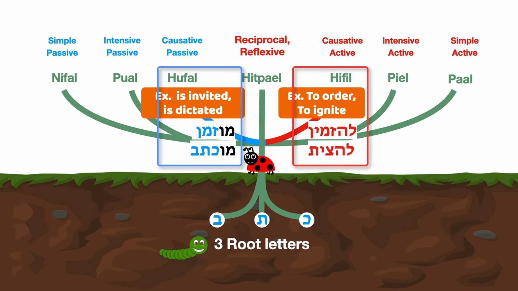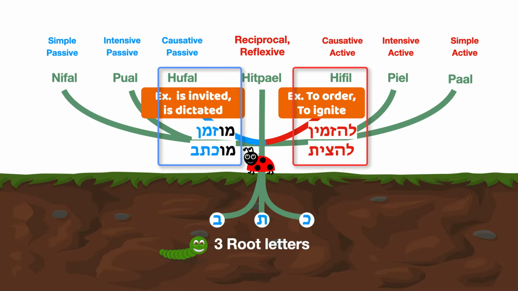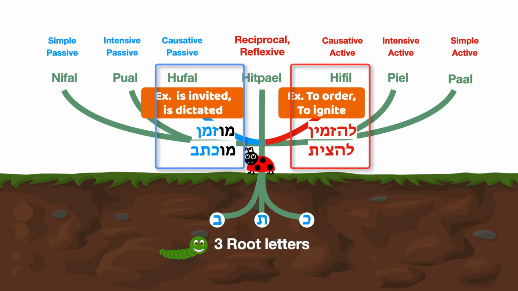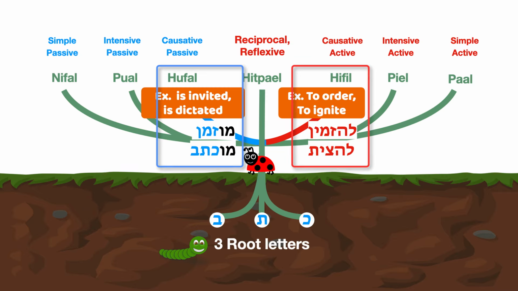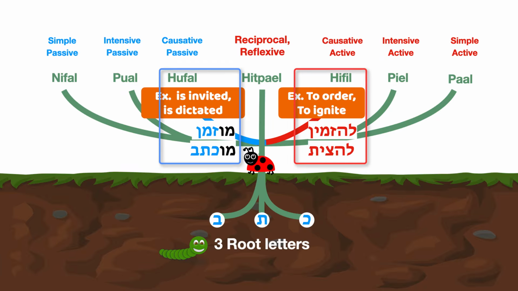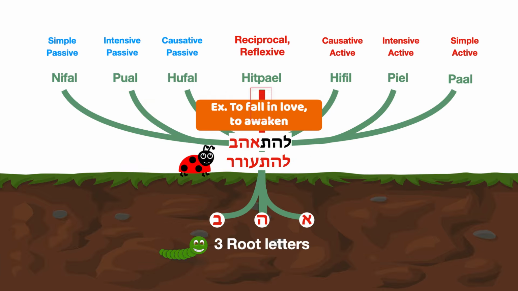By this time, you've probably seen how verb stems on opposite ends have a complementary relationship. In the case of Hephil and Whofoul verbs, Hephil is about actions that create a cause, and Whofoul is about seeing the effects of an action. And finally, we've arrived at the central verb stem, Heatpile.